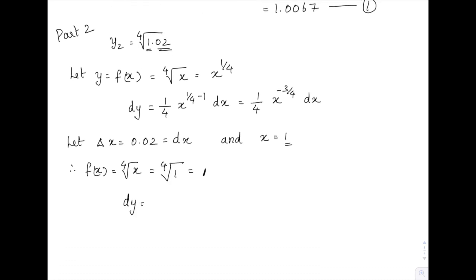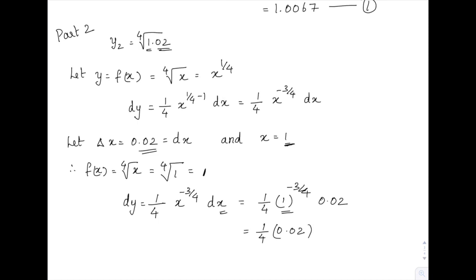Next we have to find dy, which is 1 by 4 x to the power of minus 3 by 4 dx, which is 1 by 4, x is 1 here, so 1 to the power of minus 3 by 4 into dx, which is 0.02, which is equal to 1 by 4 into, this is always 1, 0.02, which is equal to 0.005.